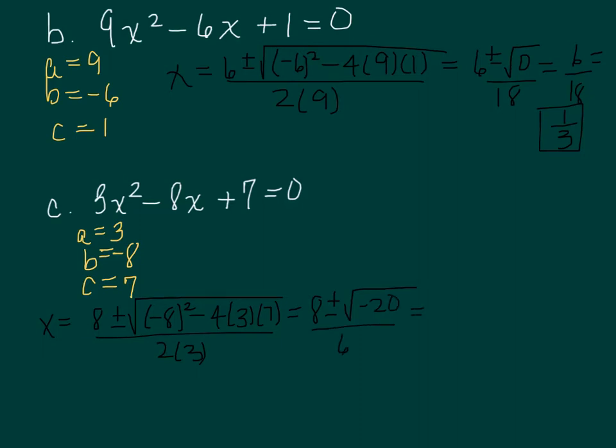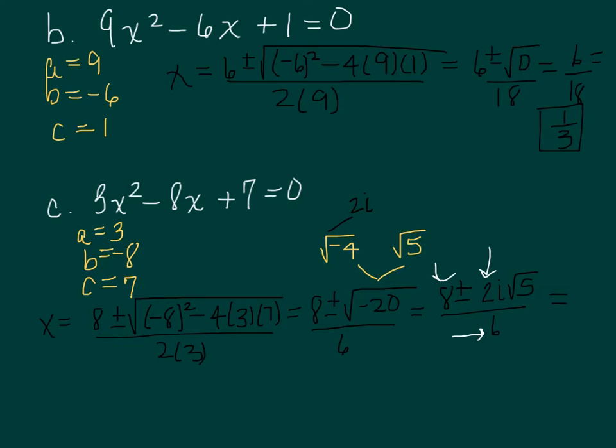And you know you can't leave this negative. So -20 breaks down to square root of -4 times the square root of 5. I usually put the negative with the perfect square. So that's going to leave you with square root of -4 is 2i, radical 5 over 6. Then you find something that divides into 8, 2, and 6 evenly, which is 2.